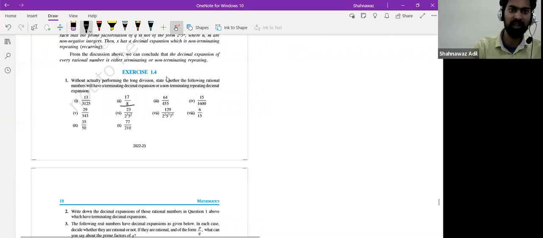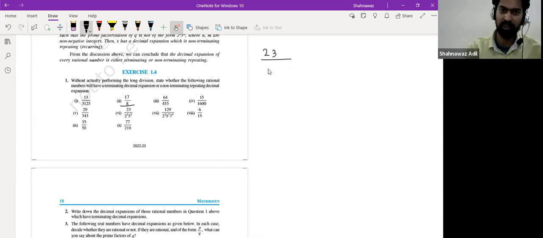So you understand, no? Let's do this one. This is simple. 23 by 2 cube into 5 square, right? So what number should we multiply here so that the powers are equal? 5, right?